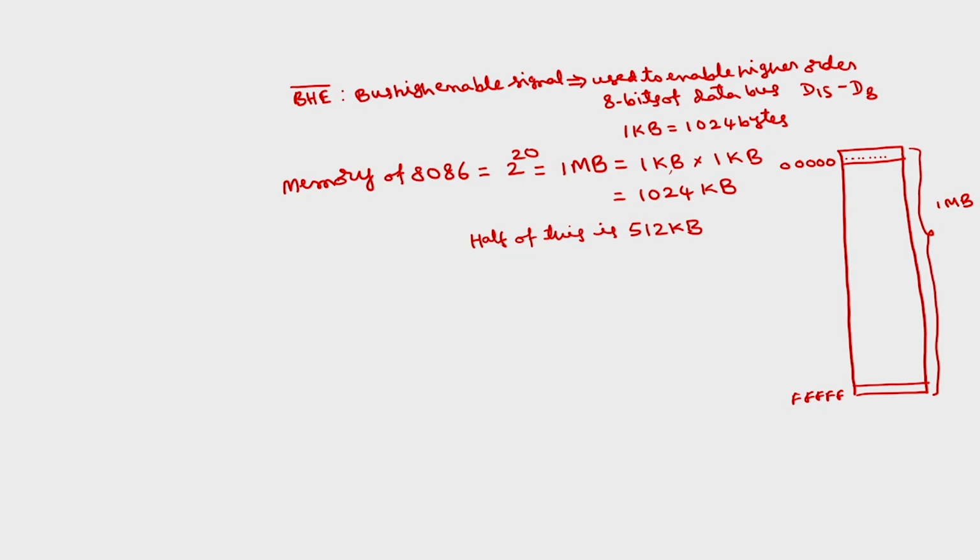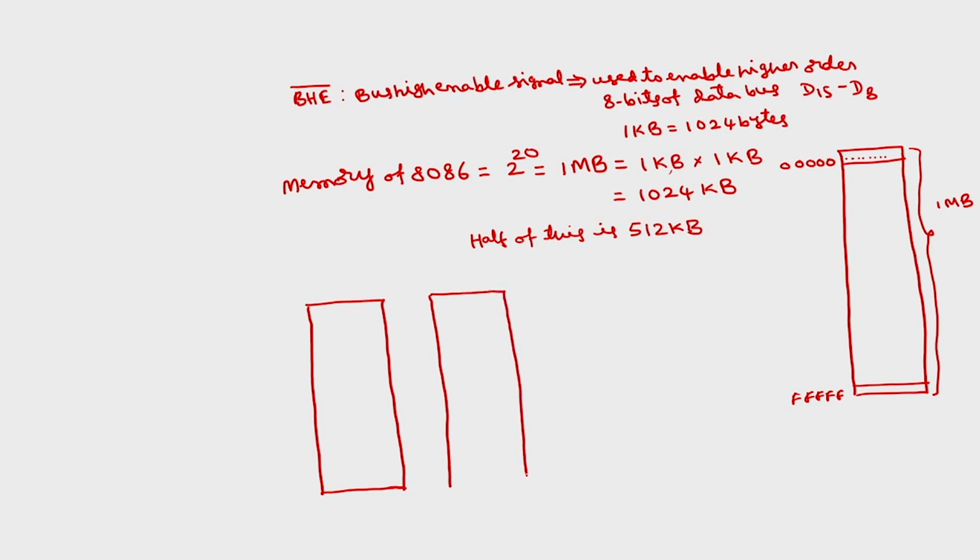Instead of that, if you want to read all 16 bits simultaneously in parallel, the memory is divided into 2 banks, which are called the odd bank and the even bank. Now what is the capacity of each bank?